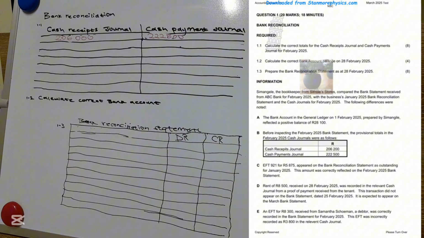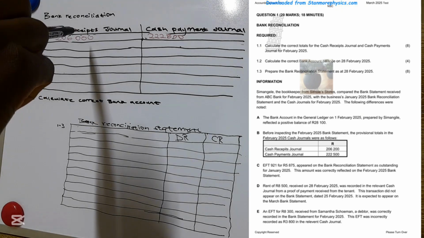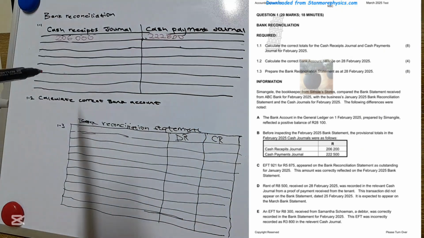1.1 says calculate the correct totals for the cash receipt journal and cash payment journal for February 2025. Meaning here we are supposed to record under the cash receipts and cash payment journals so that we can get the totals. 1.2, calculate the current bank account balance on 28 February 2025.